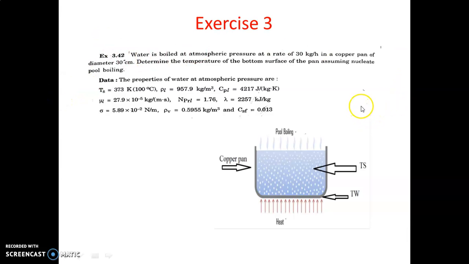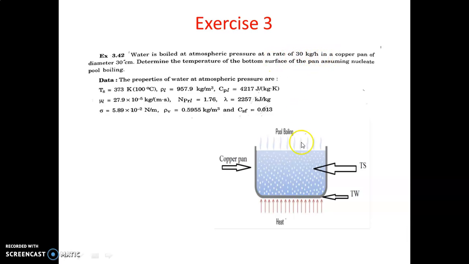First we will understand the problem and then we will go to the solution. Water is boiled at atmospheric pressure, at the rate of 30 kg per hour.